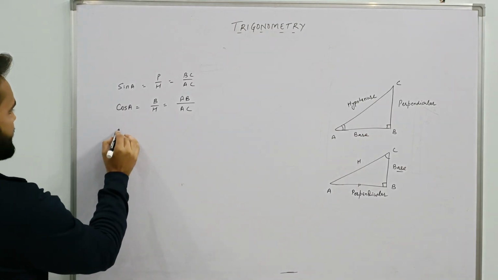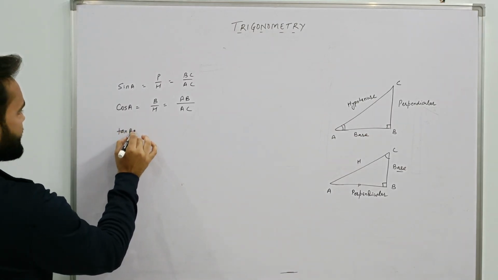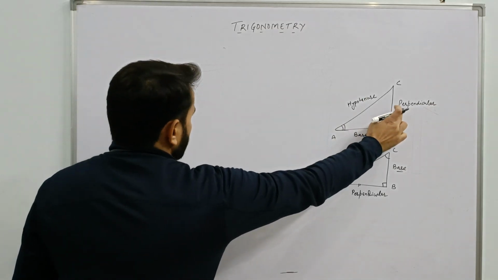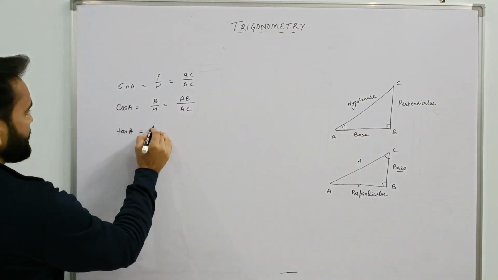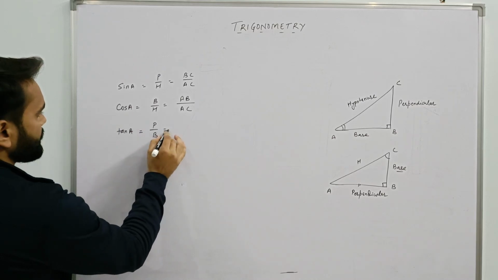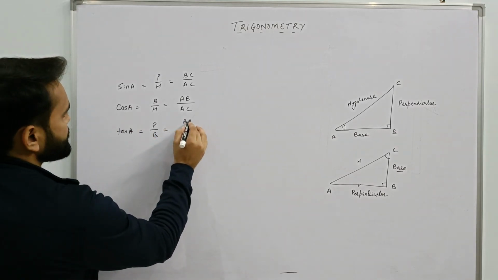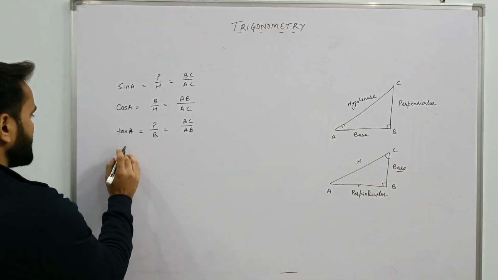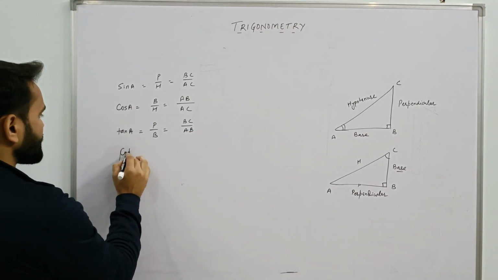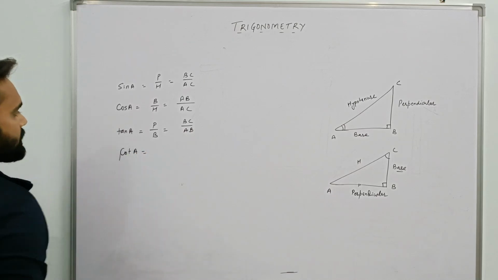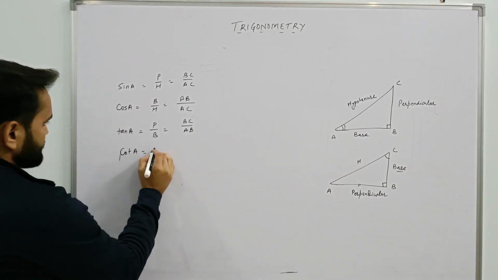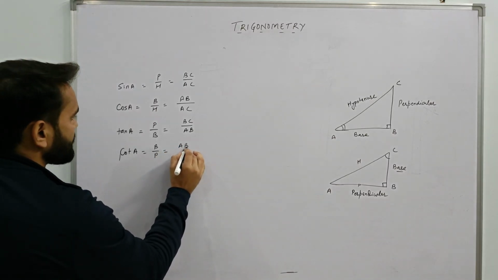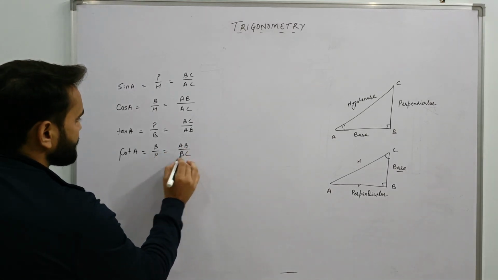Similarly, I can define another trigonometric ratio, tan A. So tan A is perpendicular upon base, that is BC upon AB. Now let us take another trigonometric ratio, which is cot A. Cot A is base upon perpendicular, that is AB upon BC.